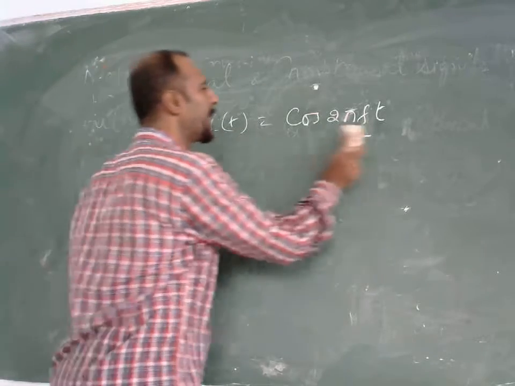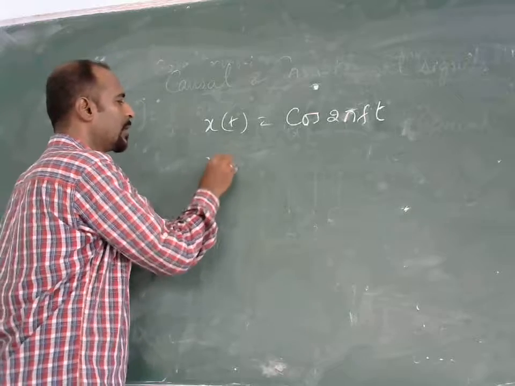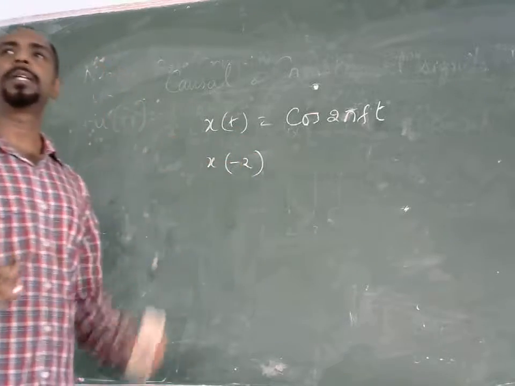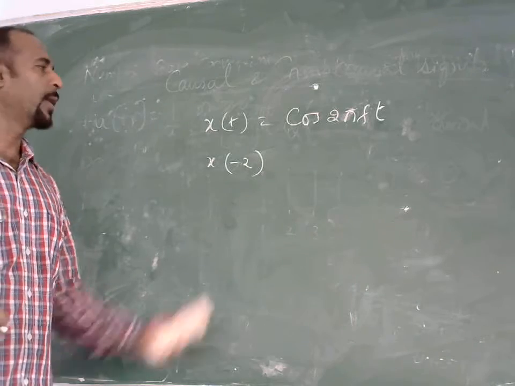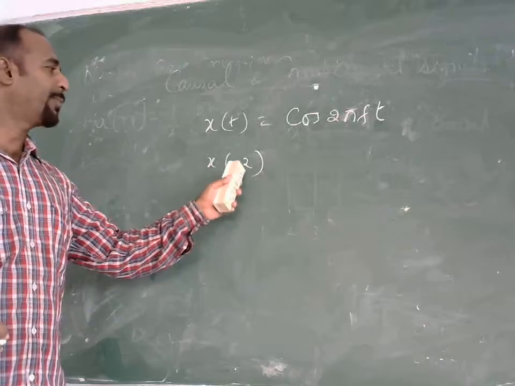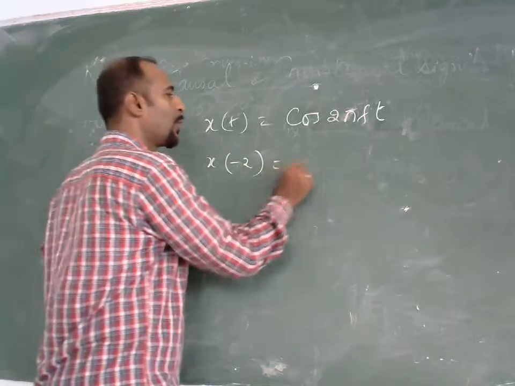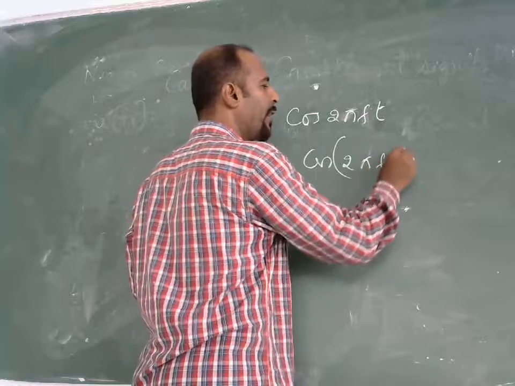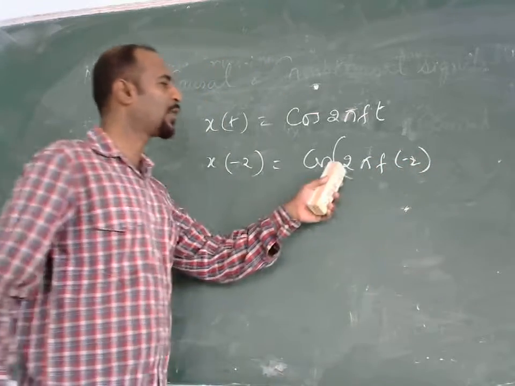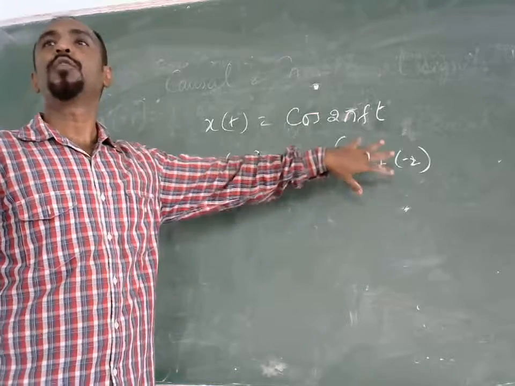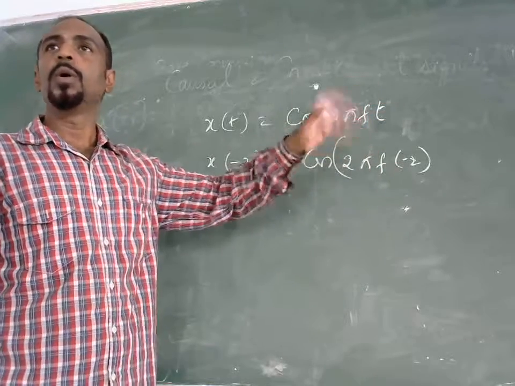Now for example, you just check here. What is the function value when t is equal to minus 2? Now has t taken negative values? Yes. I have put t is equal to minus 2. So what is cos of 2 pi f into minus 2? That is cos 4 pi f. Now is the cos 4 pi f 0?